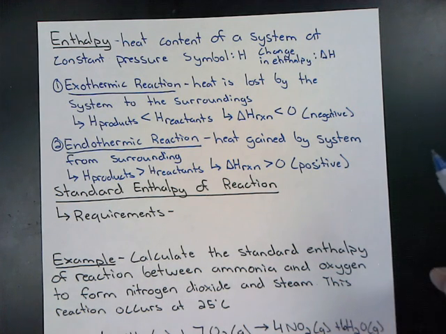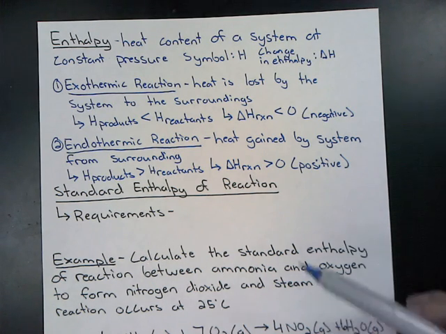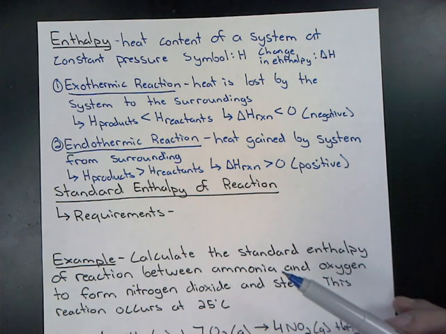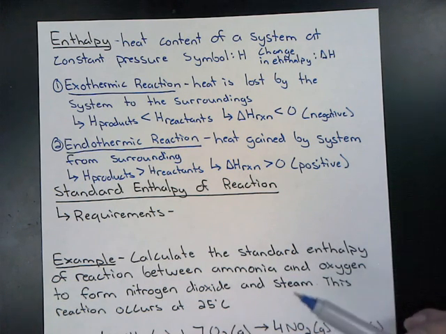Now, we can move on. We can actually do some enthalpy calculations without doing a whole lot, without doing a chemical reaction, and that's when we have the standard enthalpy of reaction. A standard enthalpy of reaction is this.